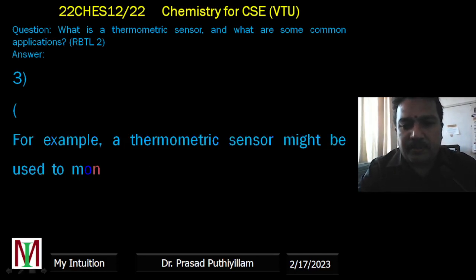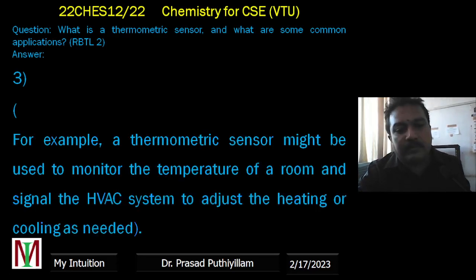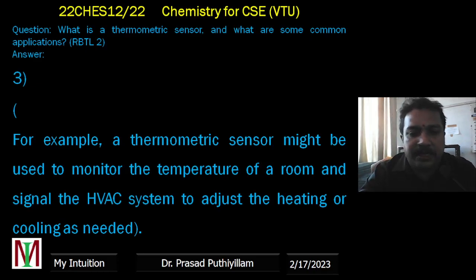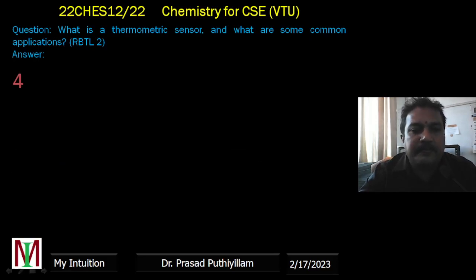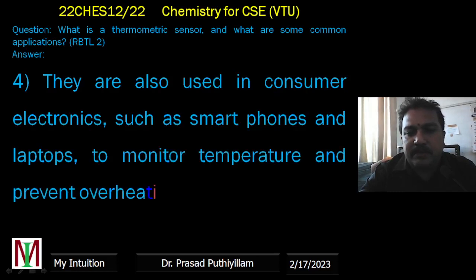For example, a thermometric sensor might be used to monitor the temperature of a room and signal the HVAC system to adjust the heating or cooling as needed. They are also used in consumer electronics such as smartphones and laptops to monitor temperature and prevent overheating.